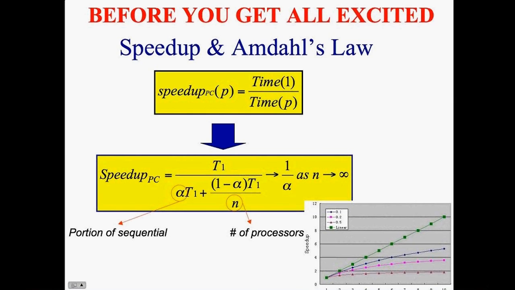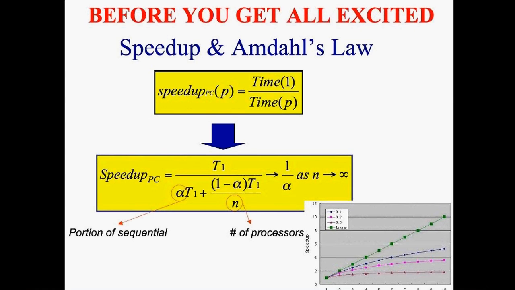You can plot this relationship for different values of alpha, which I've done here. What we would like is linear speedup, i.e. if we throw twice as many processors at the job, our job is going to run twice as fast. This graph shows that how fast the job will run in parallel really depends on how little of it is sequential. For example, if 10% of the job has to be done sequentially, there's nothing I can do about it.